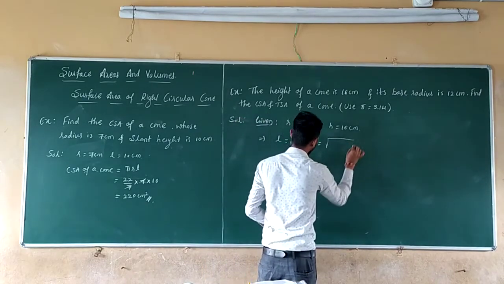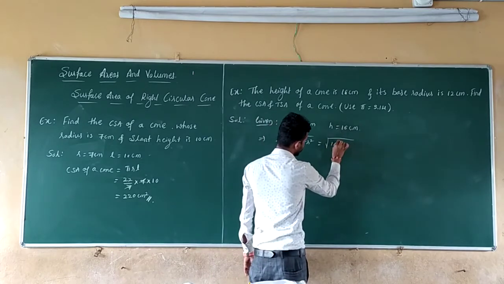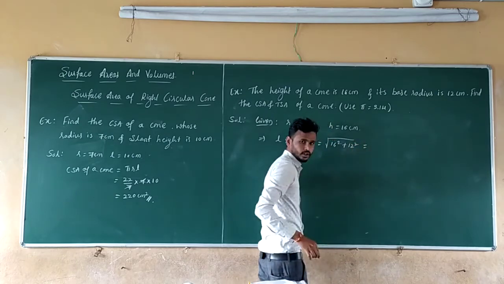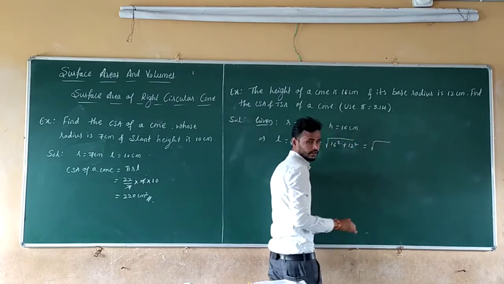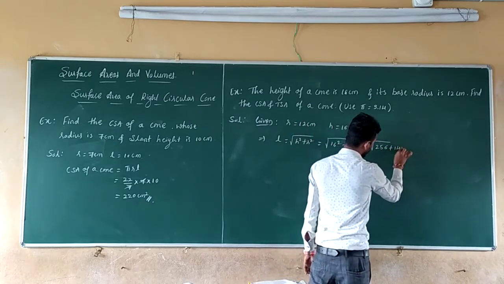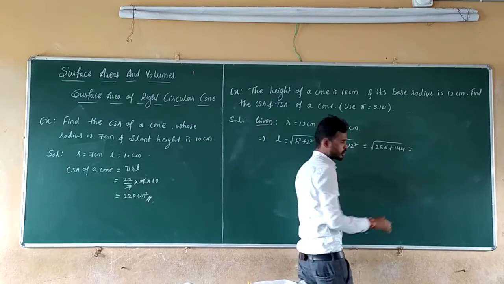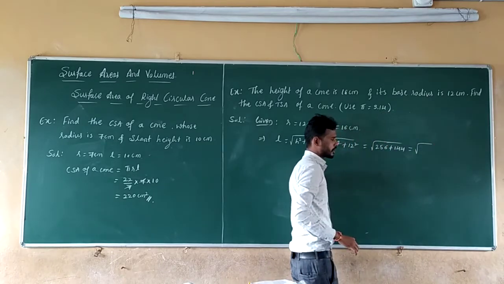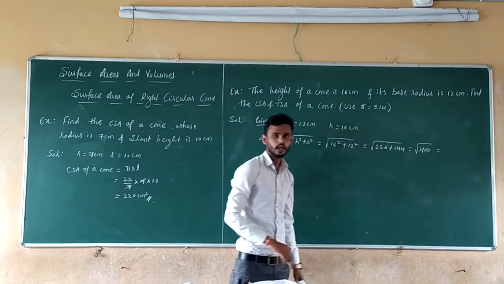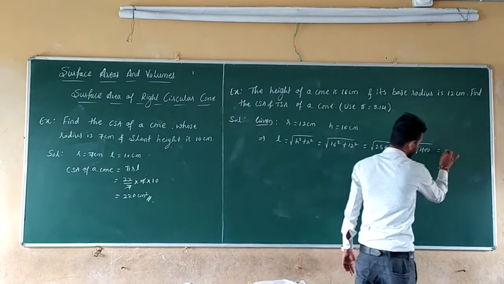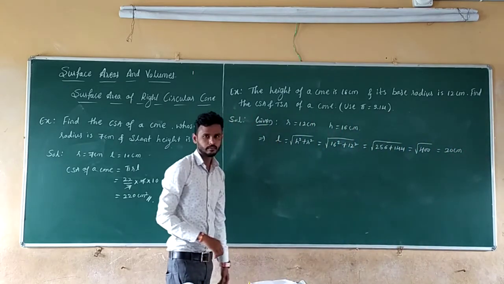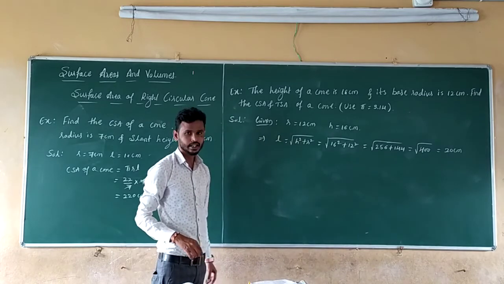So L equals root of 16 square plus 12 square. 16 square is 256 plus 12 square, 144. So 256 plus 144, you will get 400. And the square root of 400 is 20. So L equals 20 centimeter. Now you can easily find the CSA and TSA.